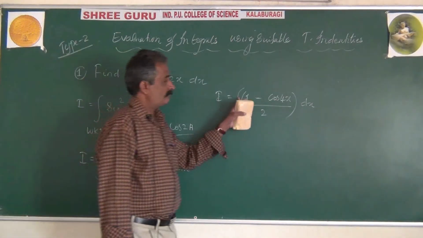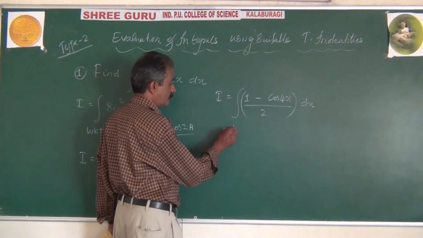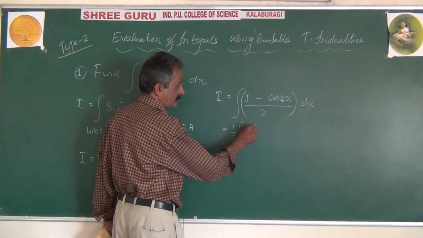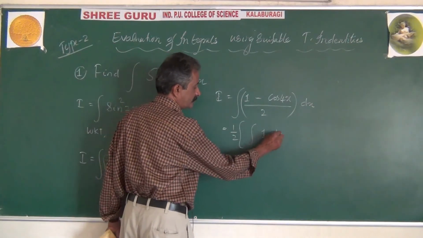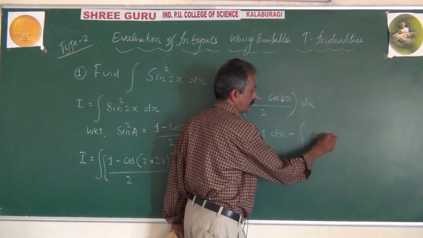So now we can break it into two integrations with 1 by 2 outside: 1 by 2, first the integration of 1 dx, minus second the integration of cos 4x dx.